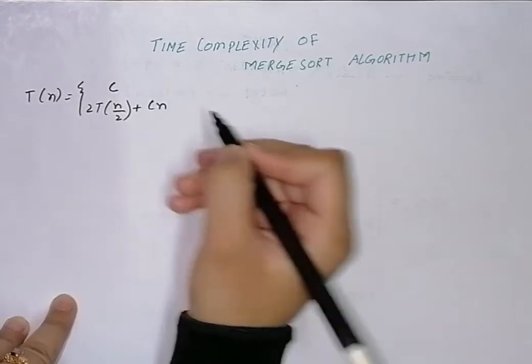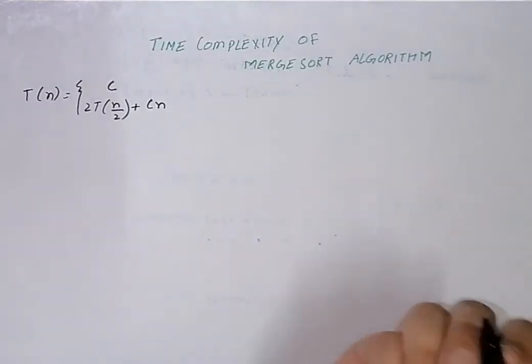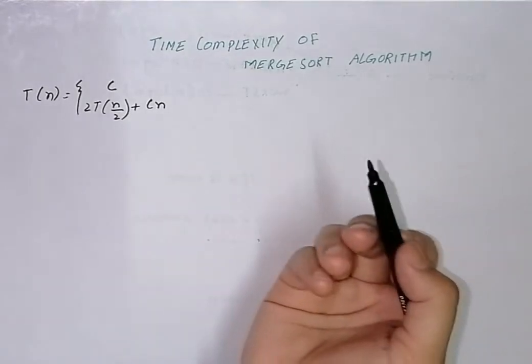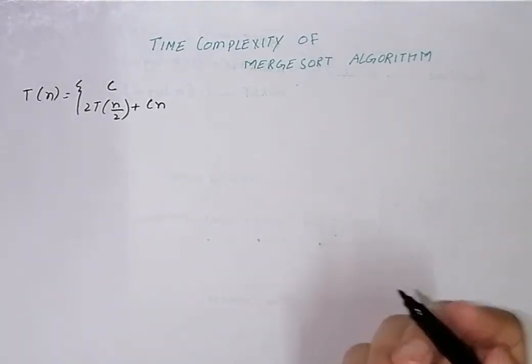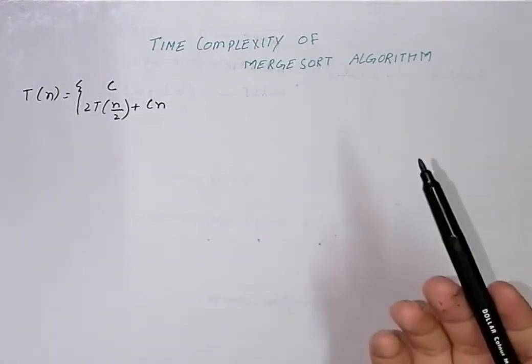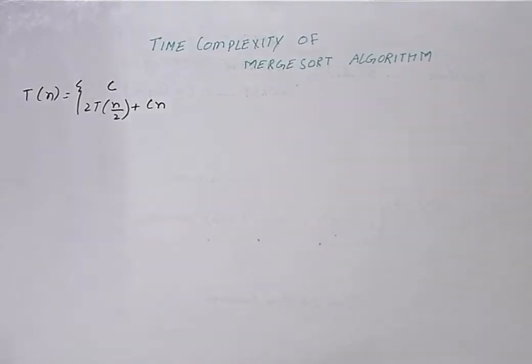the cost of division and combining the data set. Merge sort works on the divide and conquer strategy: at every iteration it splits the data set into smaller data sets of exactly half the size of the parent data set, and in the end it combines the data.